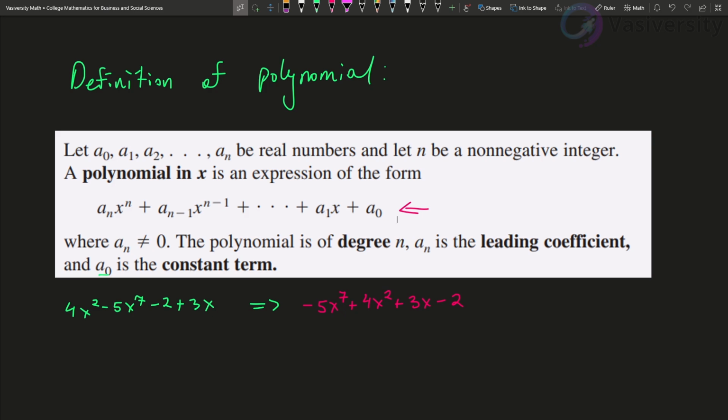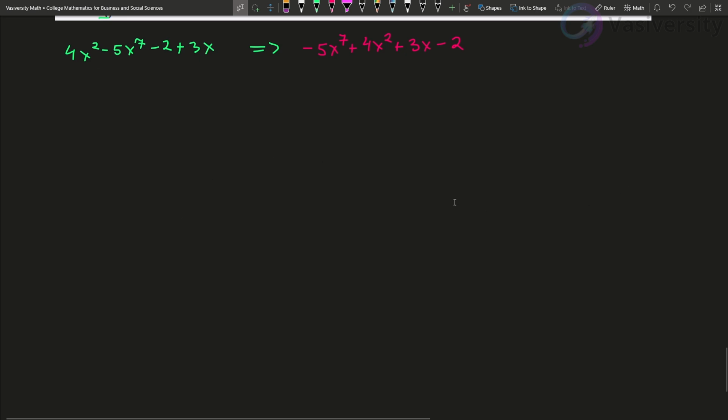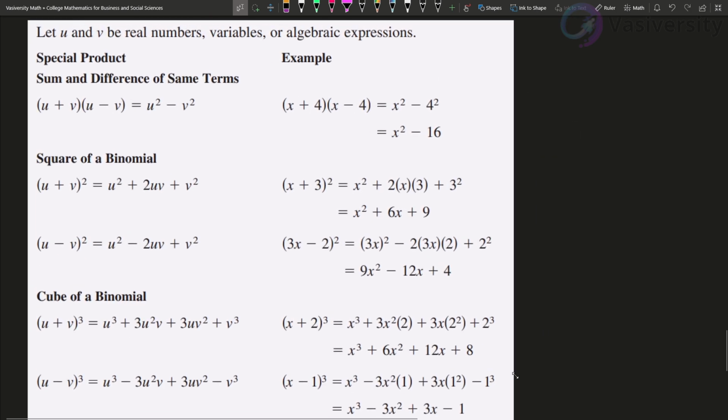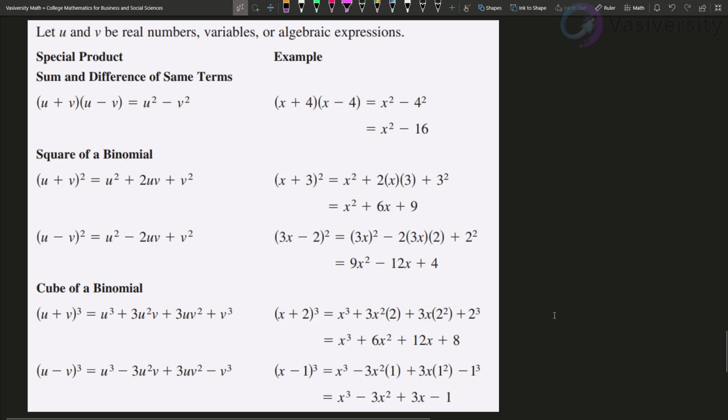Okay, now we can have some of the special products of the polynomials and a few of the examples related to it. So let's take a look. Let u and v be real numbers, variables, or algebraic expressions. Special products: sum and difference of the same terms. So if we have u plus v times u minus v, we can use the distribution law. So it's going to be u times u, u times negative v, so we're going to have u times u minus u times v, and then v times u minus v times v.